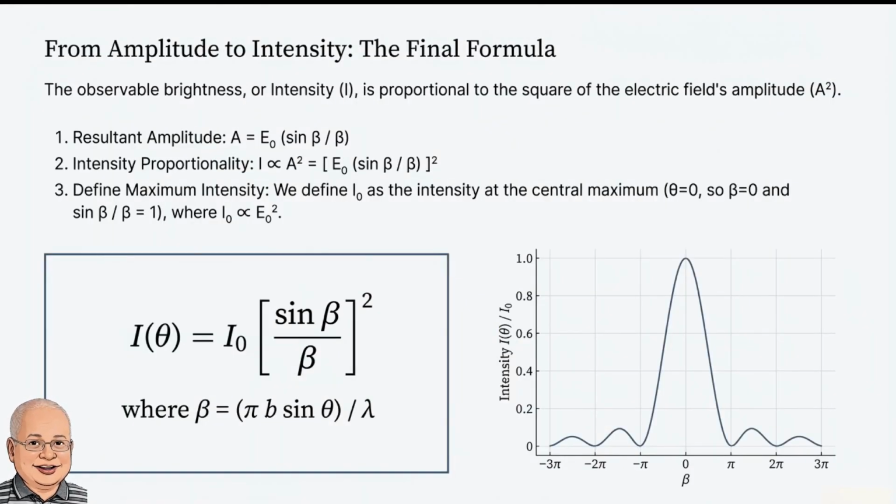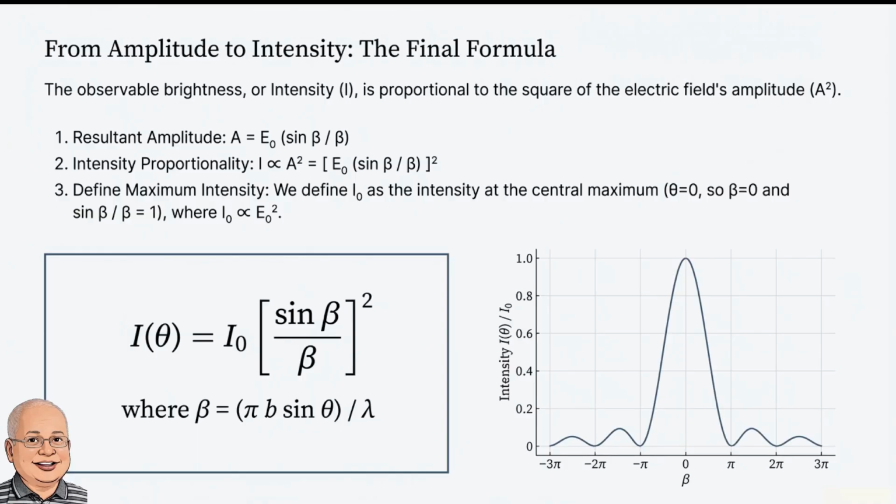So now what we have got here, the resulting amplitude A is equal to E0 into sin beta by beta. Intensity of light I, as we know, is proportional to A squared. So A squared means E0 (sin beta by beta) squared. Then we define maximum intensity.